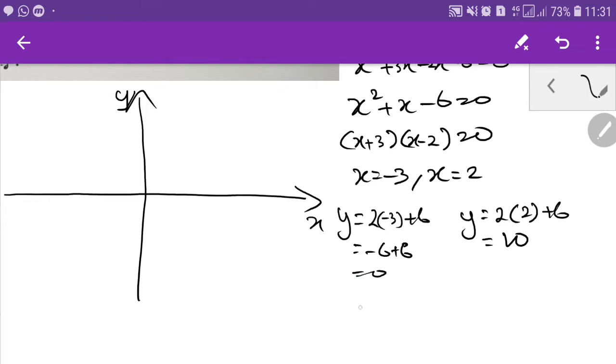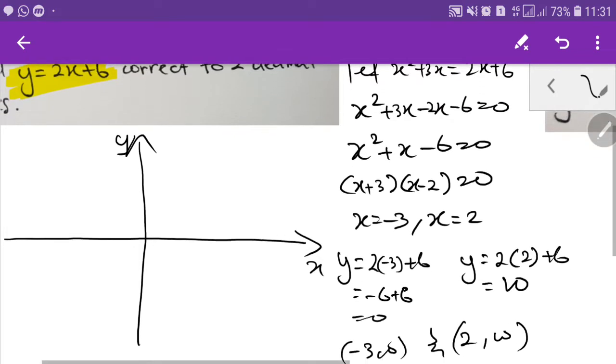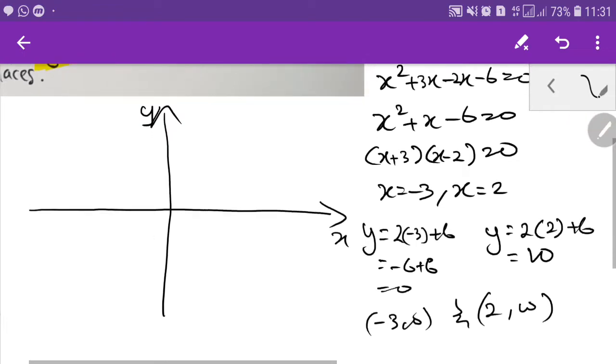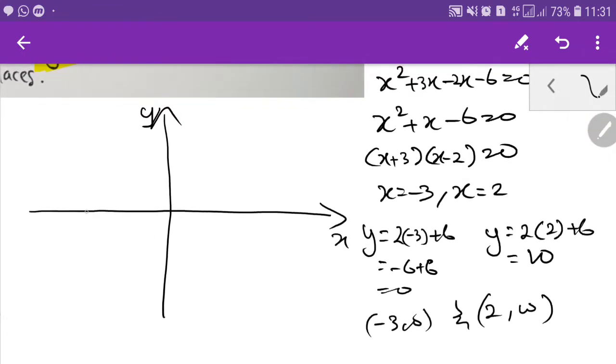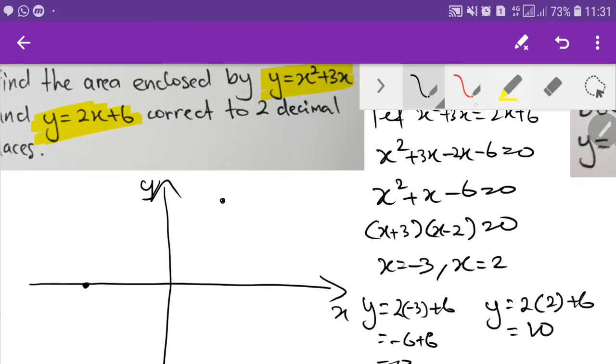Therefore, the intersection points are at (minus 3, 0) and (2, 10). Minus 3, 0 is somewhere here, and 2, 10 is somewhere here, I think.